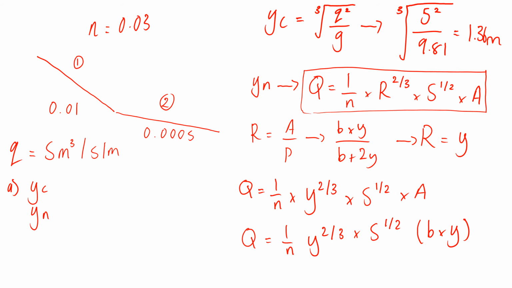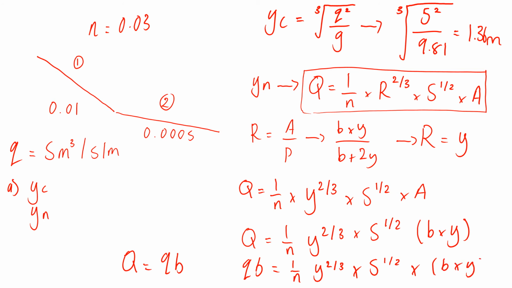Now we can get rid of the b by using the relationship Q equals small q times b. So what you get is q b equals 1 over n times y to the 2 over 3 times s to the half times b times y.